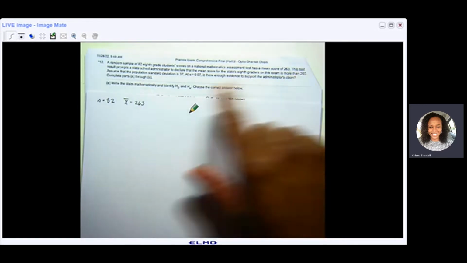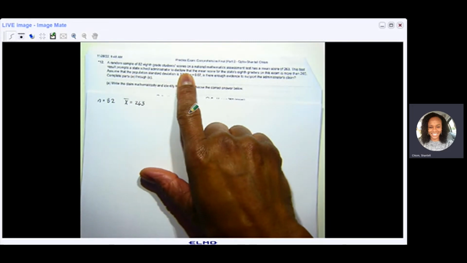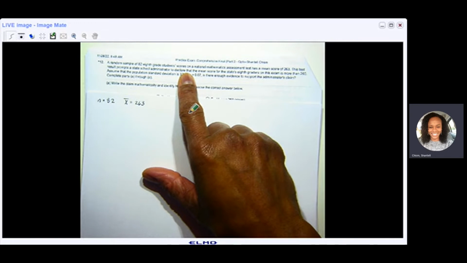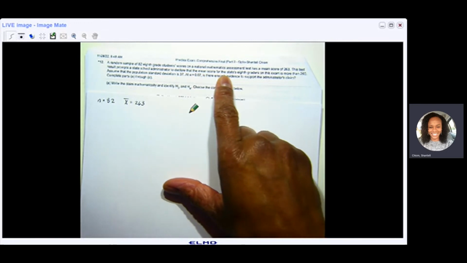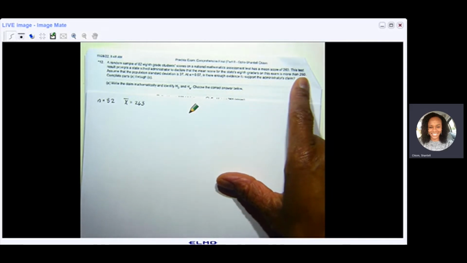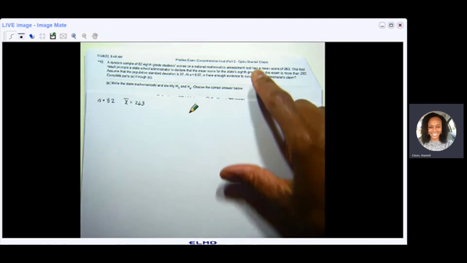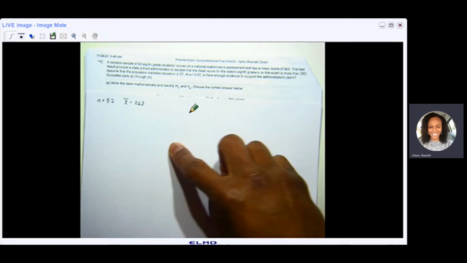Then it goes on to say this test result prompts a state school administrator to declare, so here's the claim, that the mean score for the state's eighth graders on this exam is more than 260. So this is his claim about the whole population mean, all the eighth graders.